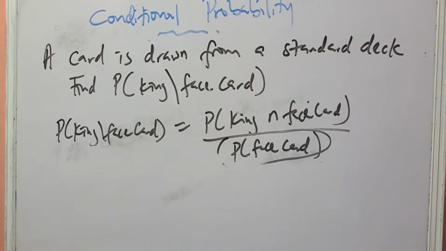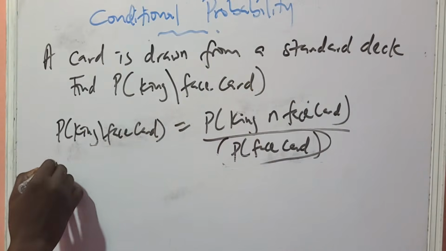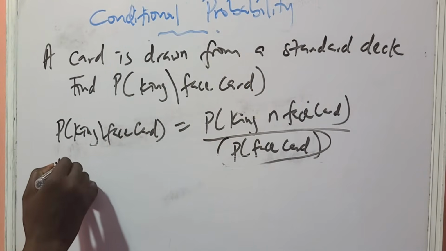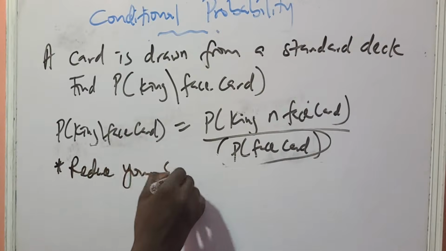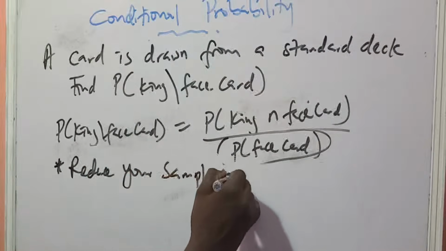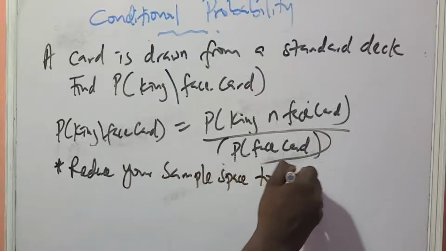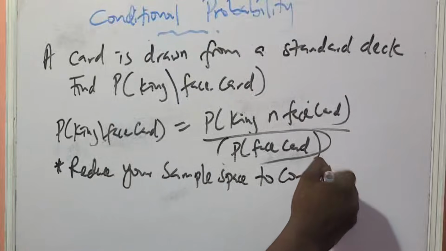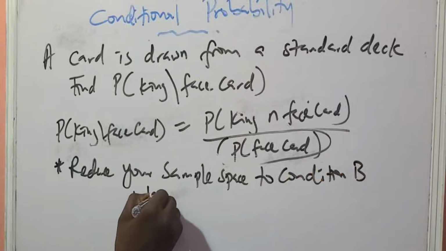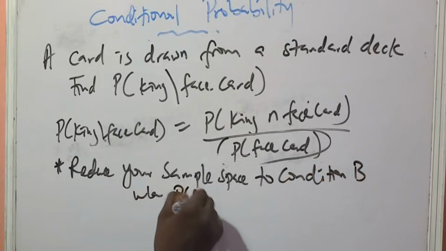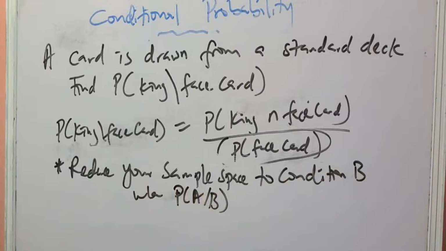So let me just write this. You reduce your sample space to condition B. That's when you are dealing with probability of A given B, obviously. So you'll be reducing your sample space to condition B.